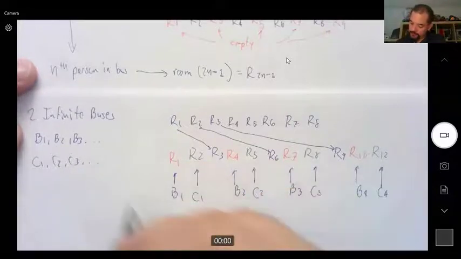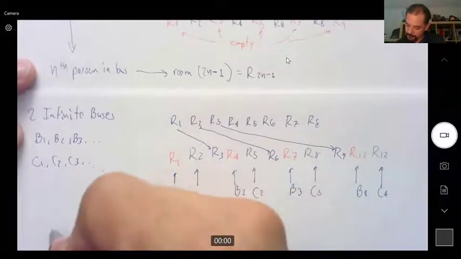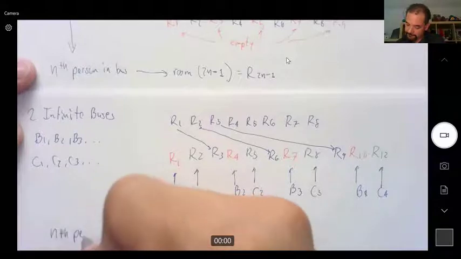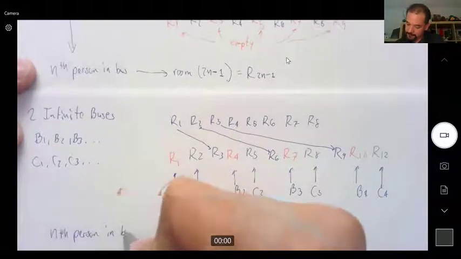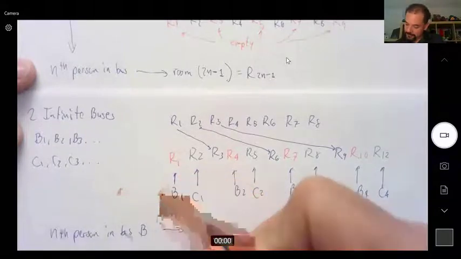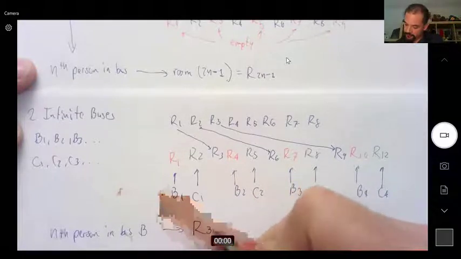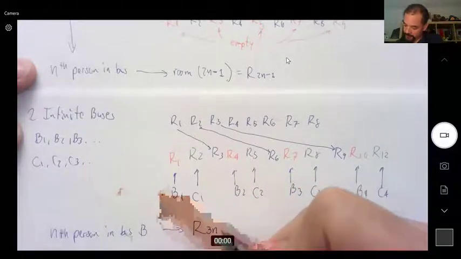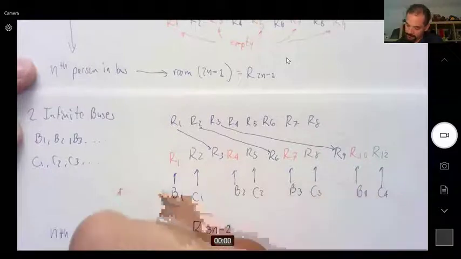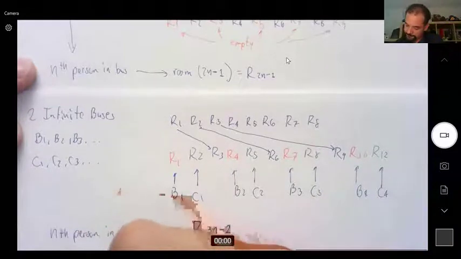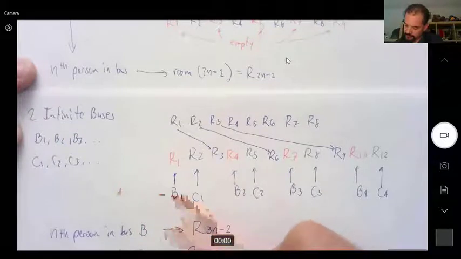So here, what we're doing is the nth person in boss B, we're sending to room 3n minus 2, and the nth person in boss C, we're sending to room 3n minus 1.